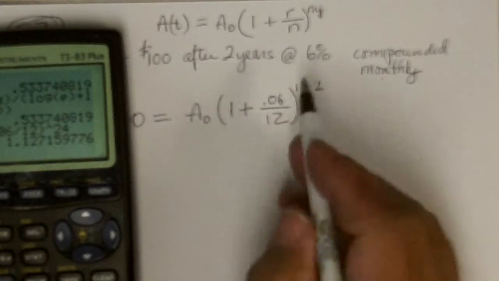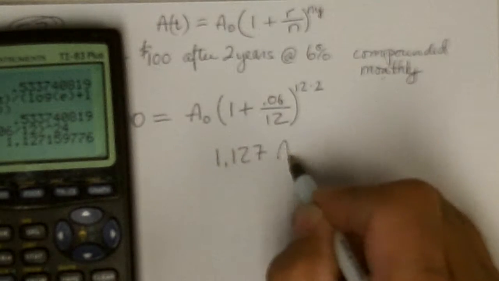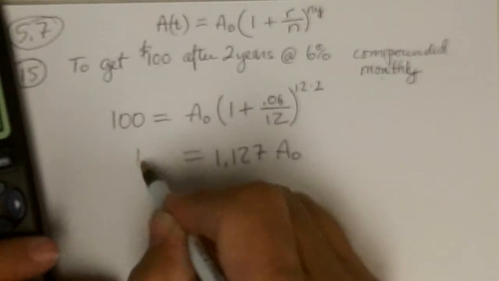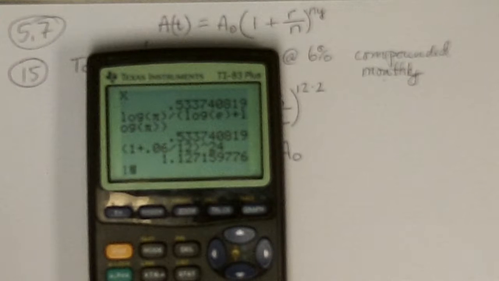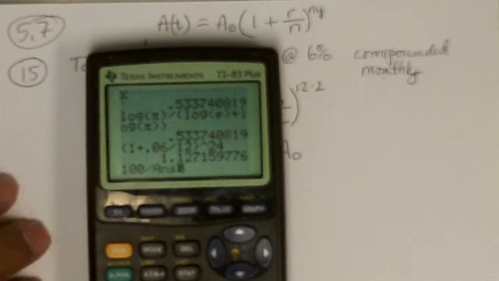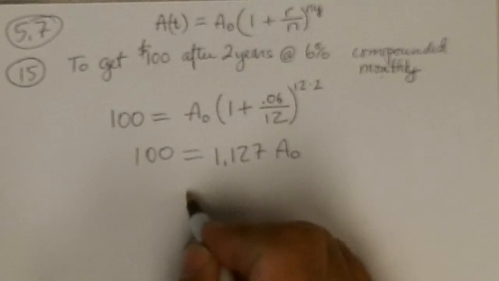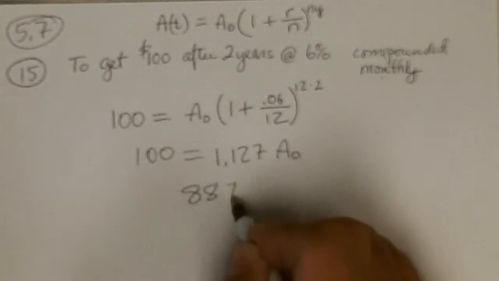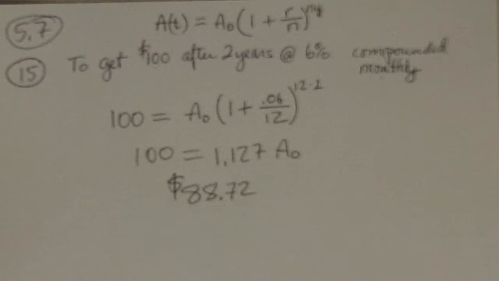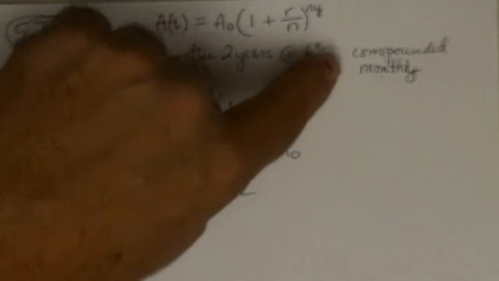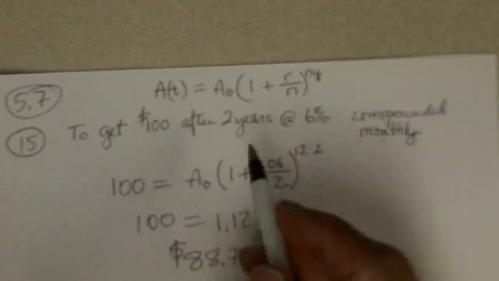And so I got that number, 1.127 A0 equals 100, and so I will divide 100 by this, and I get $88.72. That's how much I would put into this account, and in 2 years at 6% interest compounded monthly I would end up with $100. But this is the formula.